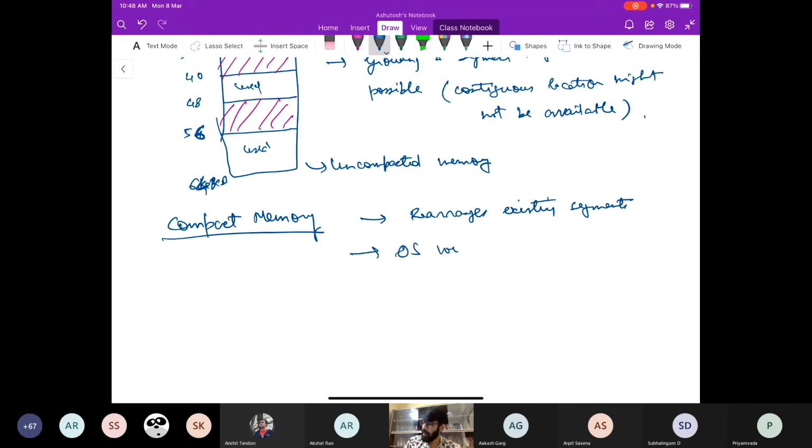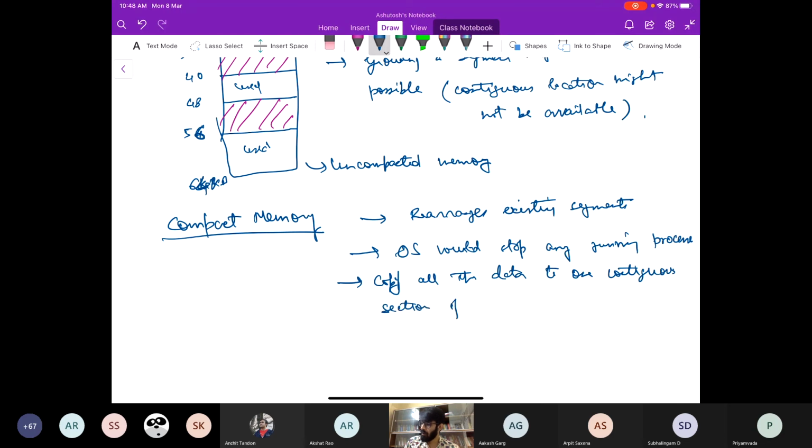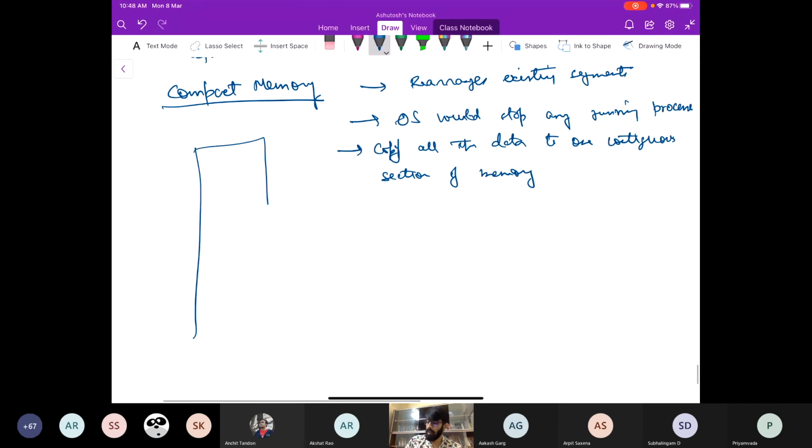The OS would stop any running processes and copy all the data to one contiguous section of memory. So now the memory will look like this.